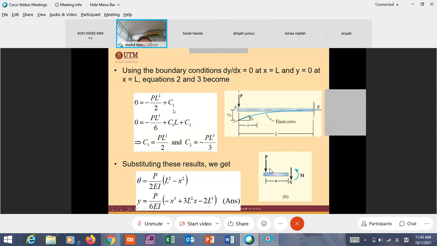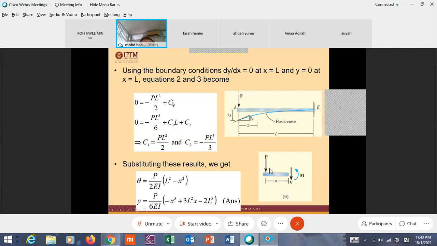Now you have two equations and two unknowns, then you can solve the problem. From the first equation, you have C1, and from the second equation, substitute C1 into equation 2, then you have C2. Okay, finish. Then substitute C1 and C2 into this equation.